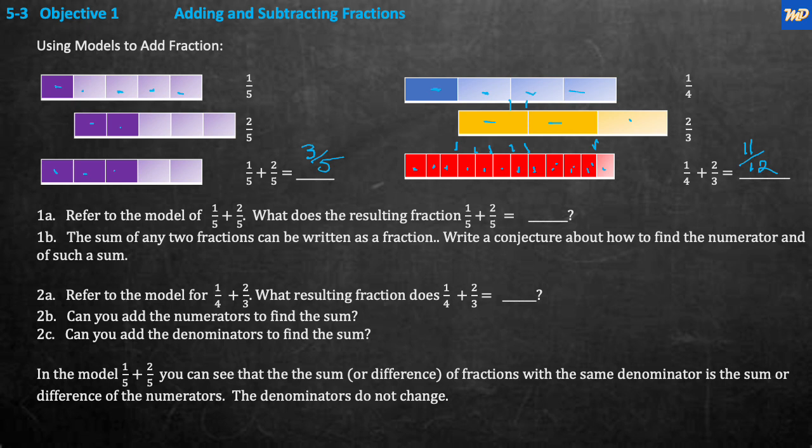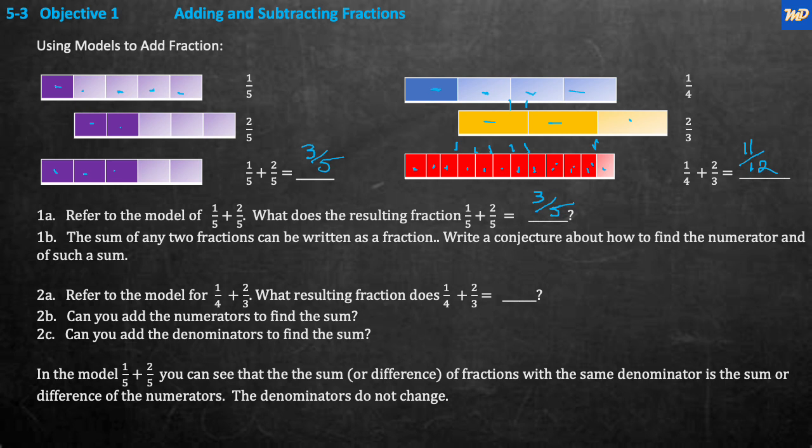Okay, so now answer some questions. Referring to the model of the 1/5 and 2/5, what does the resulting fraction equal? Well, we know now, we did it. It's 3/5. The sum of any two fractions can be written as a fraction. Write a conjecture about how to find the numerator in such a sum.